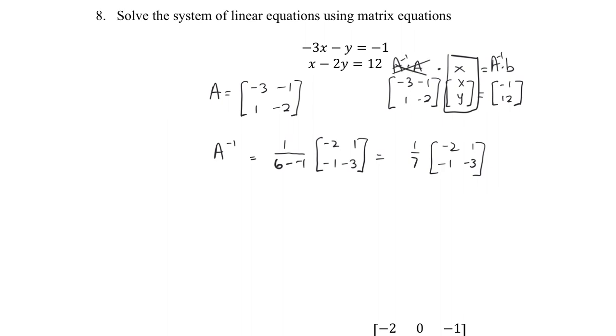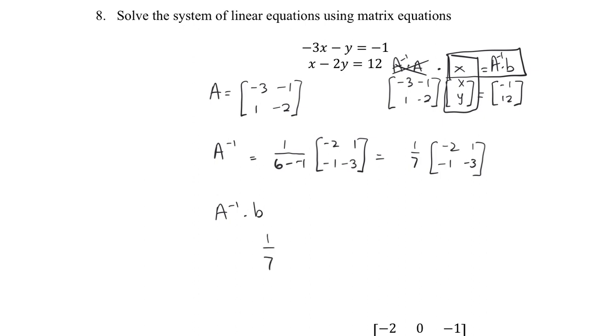So that cancels there. So what we're looking for is A inverse multiplied by B. We need to multiply that by this matrix here.